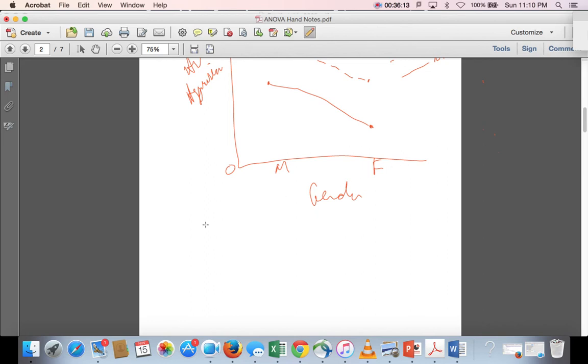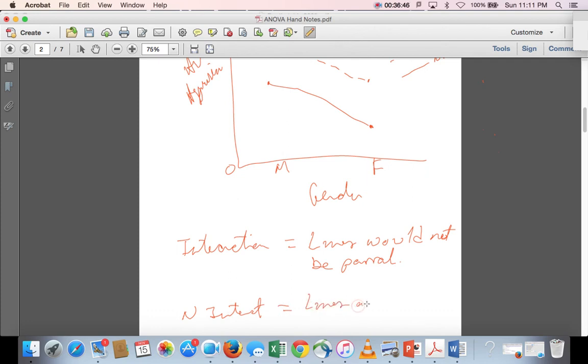So if an interaction exists, our lines would not be parallel. If no interaction, our lines are parallel.